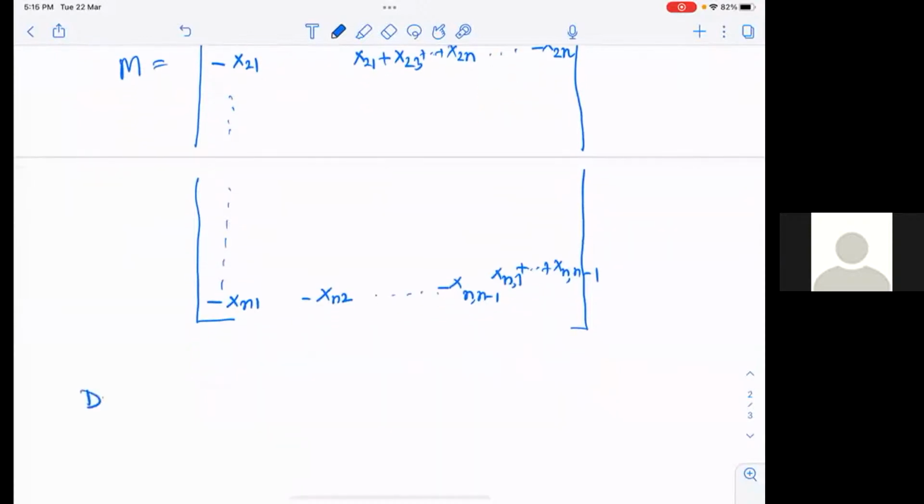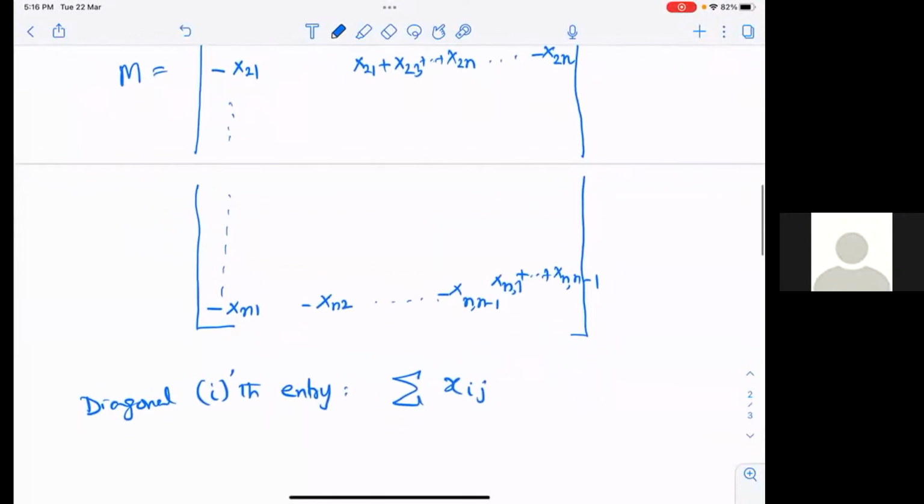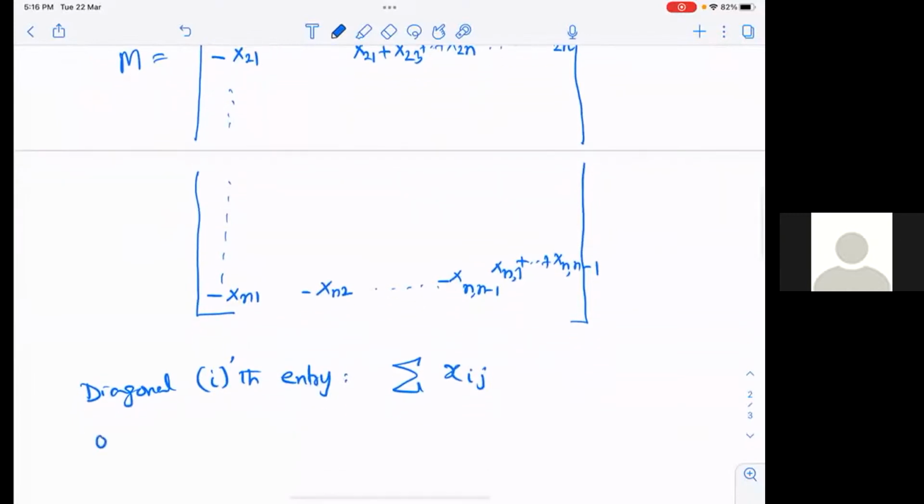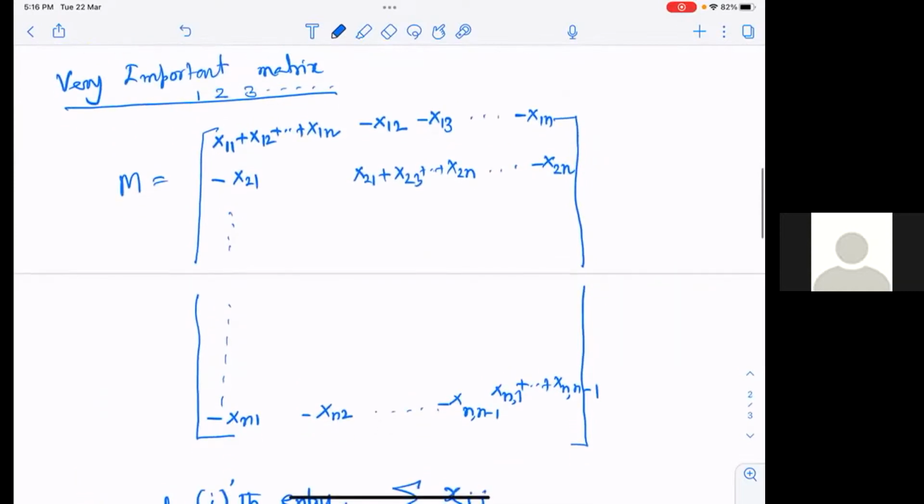And the off-diagonal entries are minus xij. So this is a very simple matrix. Is the description of the matrix clear? This is the n cross n matrix, a symbolic matrix.